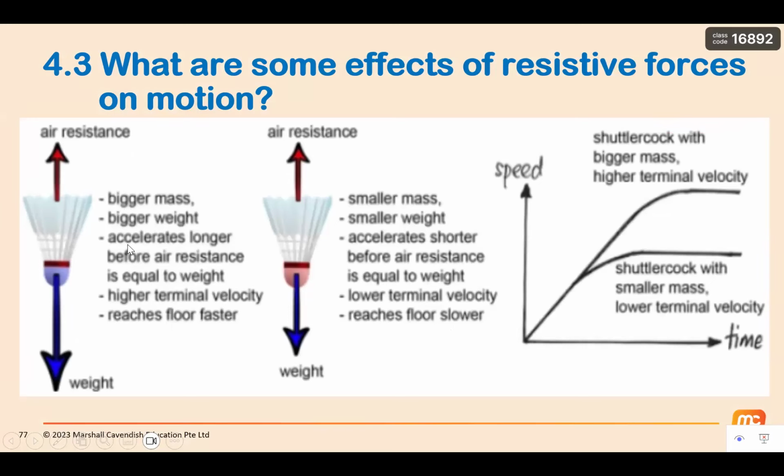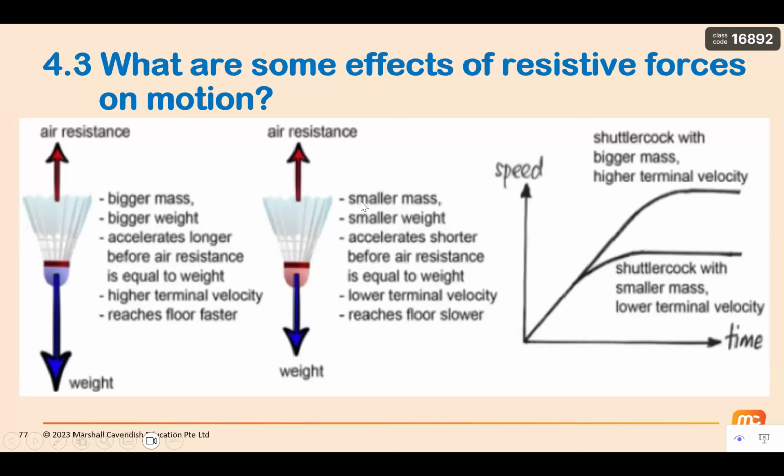Therefore, the speed will still continue to increase more before the air resistance equals the weight. So it will accelerate longer. So you can see over here the graph, it will continue to accelerate more because my weight is greater. I need more air resistance to become equal to the weight. So I will still continue to increase my speed and at the same time increase my air resistance until I reach terminal velocity. So I reach a higher terminal velocity, and because of the higher terminal velocity, I'm falling with a greater speed, and I'll reach the floor faster for a heavier object.